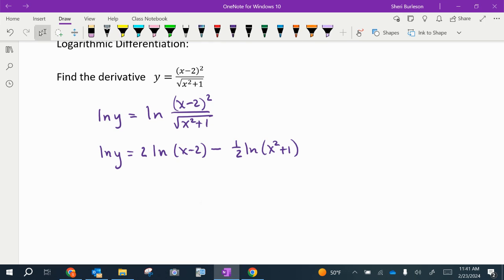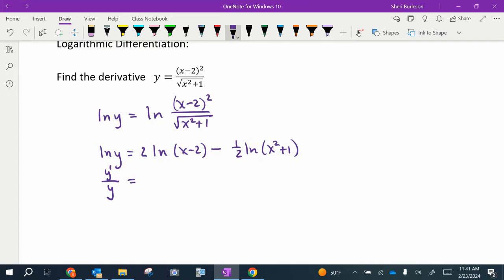But now I have to use implicit differentiation because I now have a function of y. So when I take the derivative of the left-hand side, the derivative of the outer function, natural log of y, is 1 over y. And then when I multiply by the derivative of the inner function, I get y prime. So I have to use chain rule on the left.